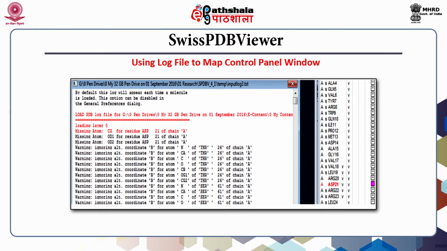Click line displaying missing atom aspartate 21 of chain A. This will display 6 amino acids, 3 on the N terminal of ASP21 and 2 on the C terminal side of ASP21. However, to see these residues, click in the dark blue display window to view 6 residues.